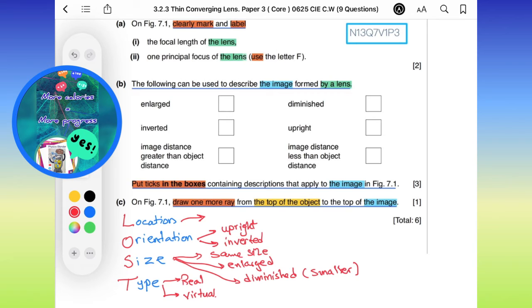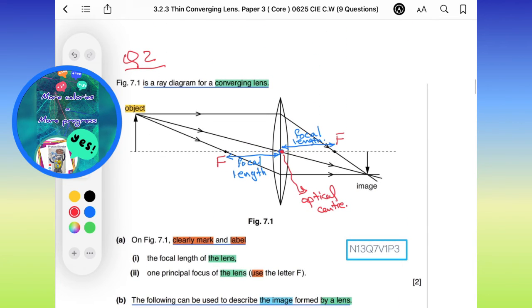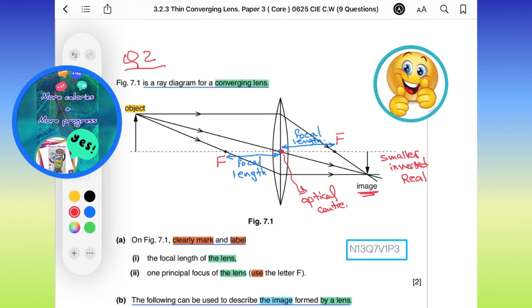So you have to choose between the properties you have here. What is the image formed? The image here is smaller, it's inverted, it's real, formed by real rays, not extension of rays.